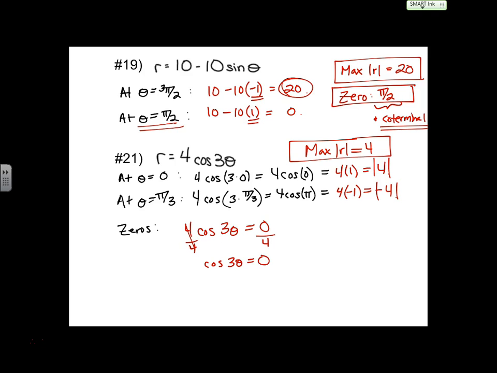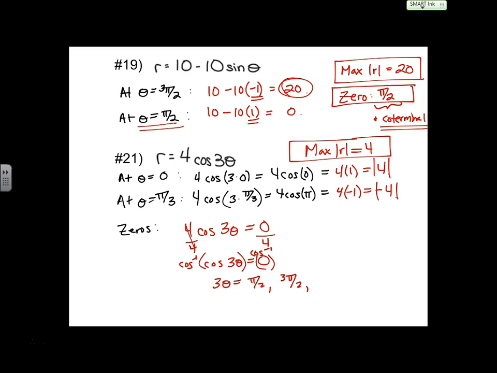How do I get to theta? Yeah, cosine inverse, good. So I can set 3 theta equal to, remember cosine inverse goes backwards, when does cosine equal 0? Oh, we just talked about that.